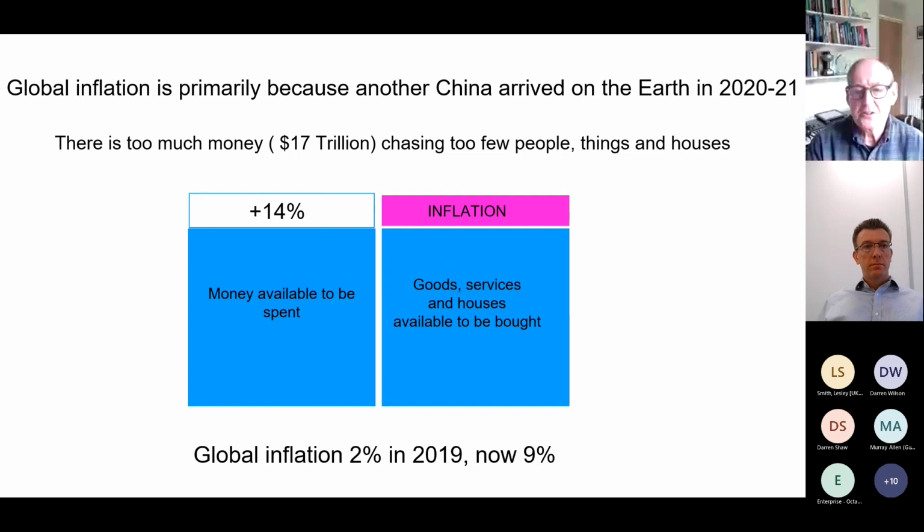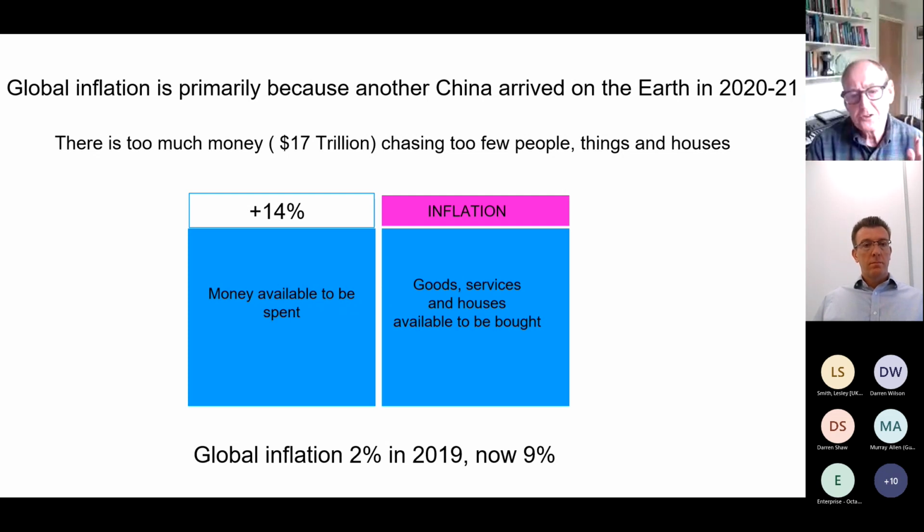The size of the Chinese economy is 17 trillion. That money, when lockdown ended, everyone tried to buy stuff. And the global system could not absorb in real output a 14% increase in spending. In fact, the increase in spending in America was even larger, which is why we have inflation.